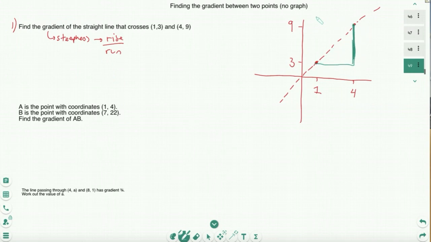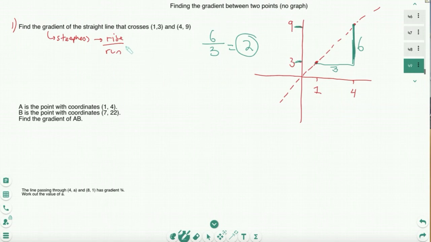We're starting from 3 and going all the way up to 9, so the rise must be 6. And the run is from 1 to 4, so it must be 3. So rise is 6, the run is 3. 6 divided by 3 is 2. And that's our answer. So one way we can solve this problem is by drawing a little sketch really quickly.